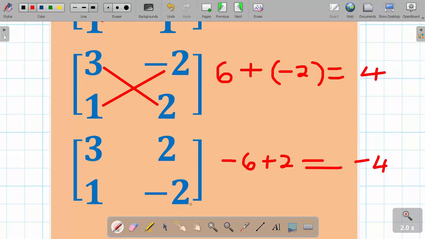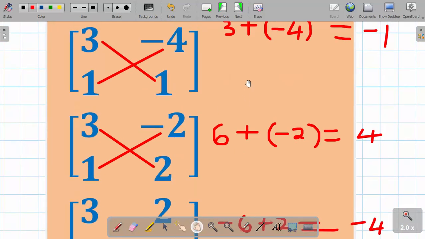Now the question is, how do you write the answer? Please pay attention here. After knowing the right pair to use, this is how I write my answers. I simply put x on the first terms here.